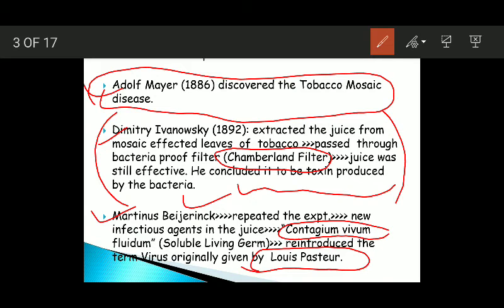Ivanovsky was of the view that the extract contains bacterial toxins, but Beijerinck, after repeating the same experiment, named the agent Contagium vivum fluidum, which in other words means virus.